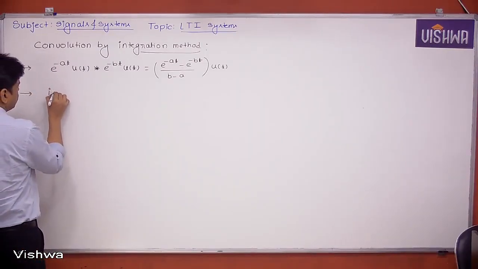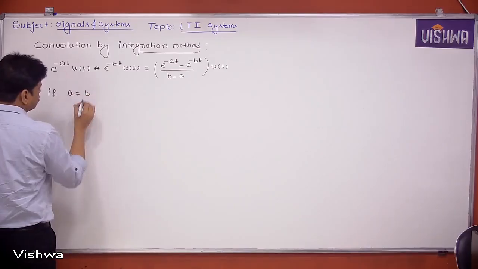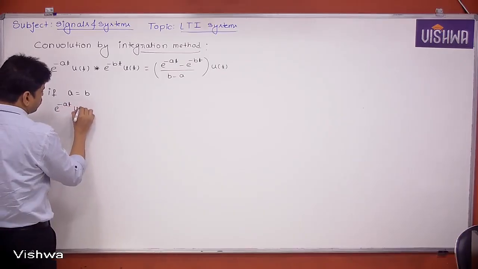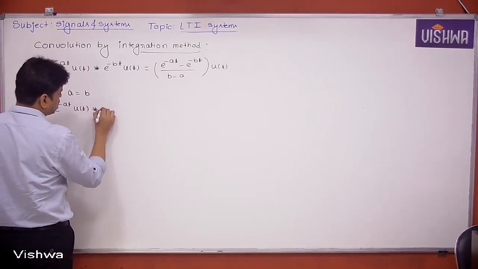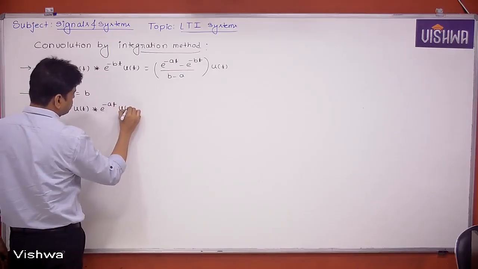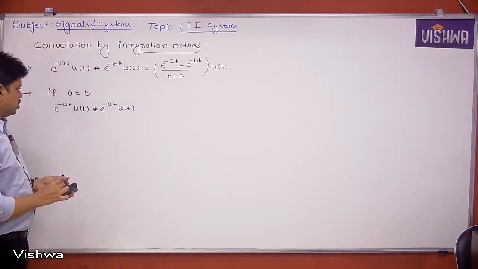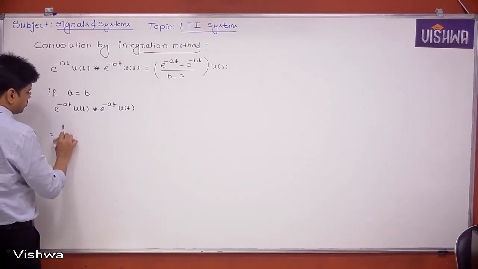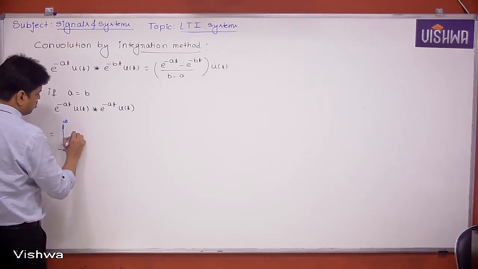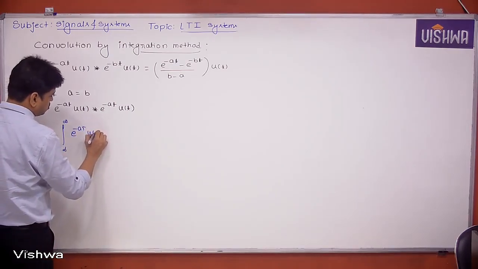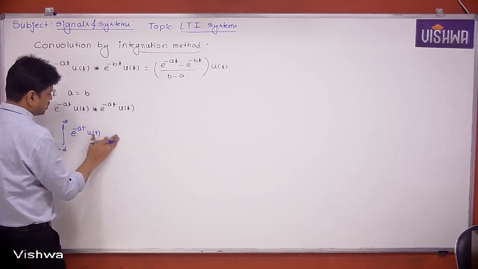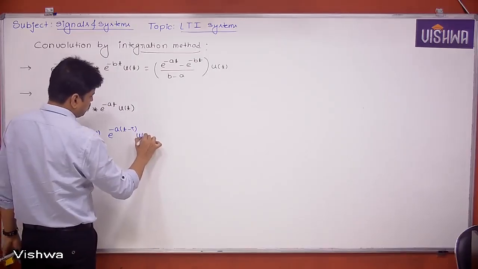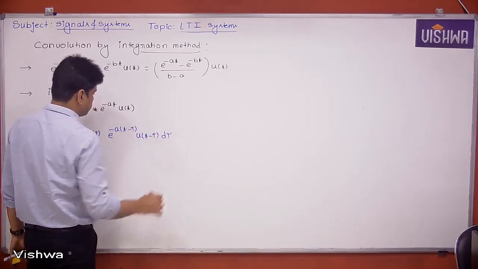If a is equal to b, that is e power minus at u of t convolution with e power minus at u of t. What is the result we are going to get? Okay, try to understand. Again, I can go with the integration minus infinity to infinity e power minus a tau u of tau multiplied with e power minus a(t minus tau) u of t minus tau d tau.